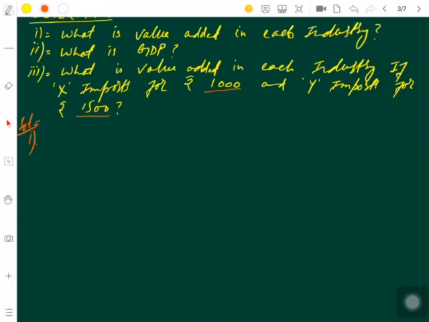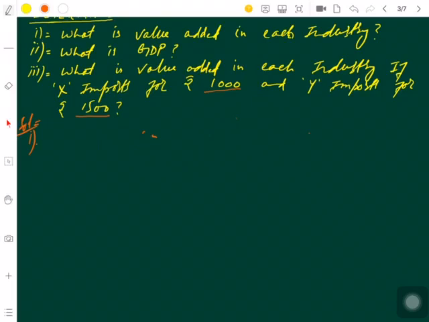Number first, calculation of value added. Okay, first we have been asked to calculate the value added. So here we'll write a line before it, that will be much better for you. You will be able to make a few things out of it.